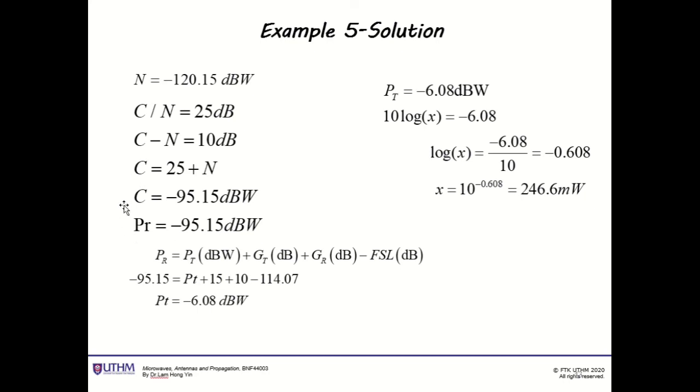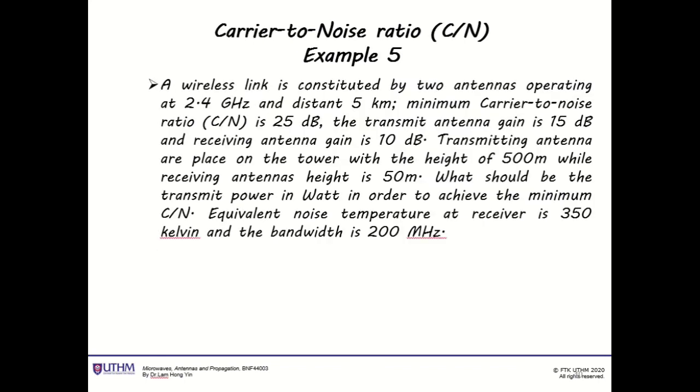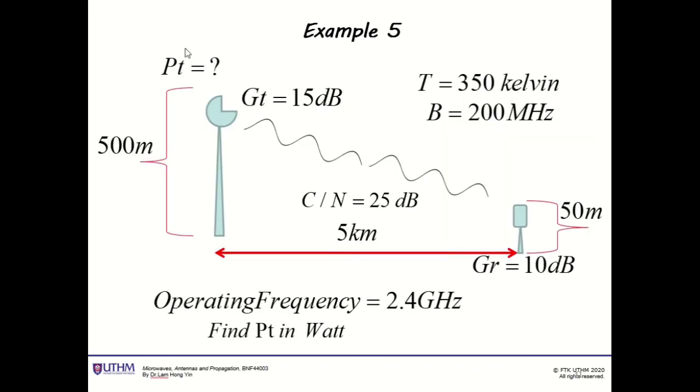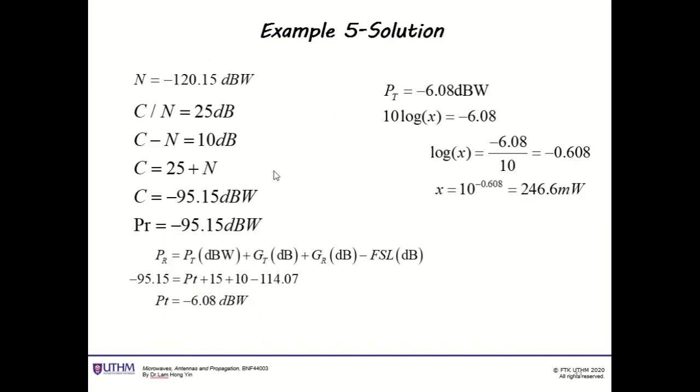So basically the question is we want to find the PT, not PR. So that's why we utilize the C over N, which we get at the receiving part, at the receiver. So C basically here is the power received.